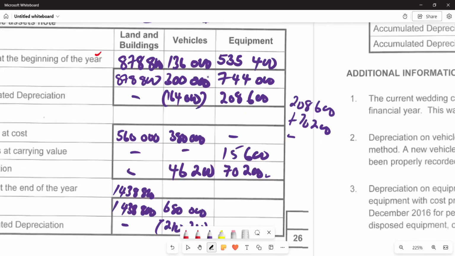So here we subtract 12,400, and we get the accumulated depreciation at the end. So we are saying 208,600 plus 70,200 minus 12,400. And we are going to get 266,400. So this is going to be your accumulated depreciation at the end.